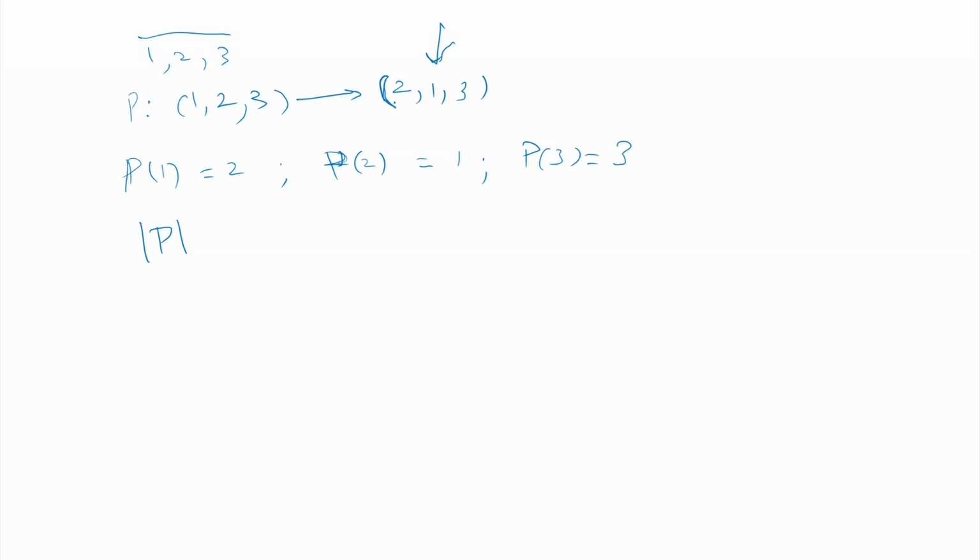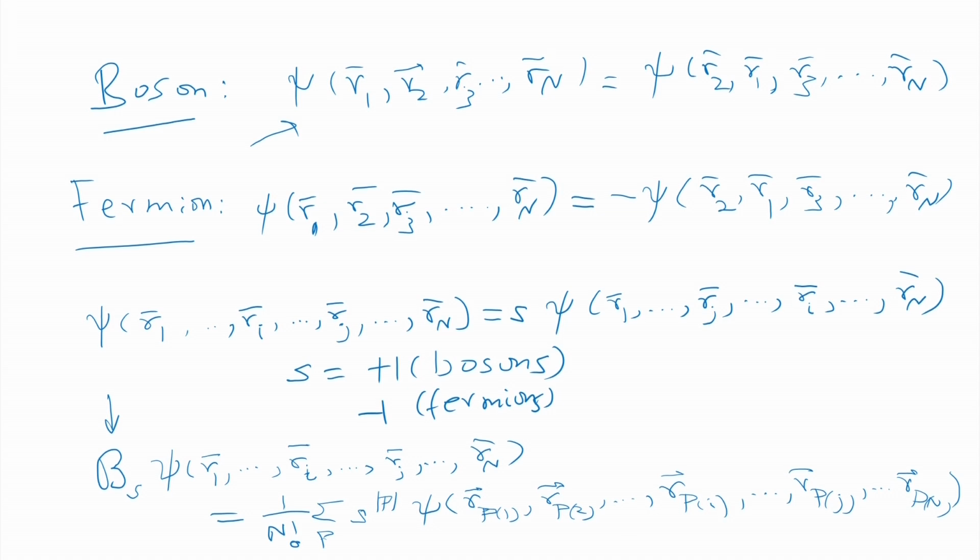I interchange 2 and 1, and that is sufficient to send this back to its canonical form, namely 1, 2, 3. So, in other words, this mod p in this context is 1. If you have many more particles, you can have a mod p which is something else. Notice that here it is s raised to mod p.